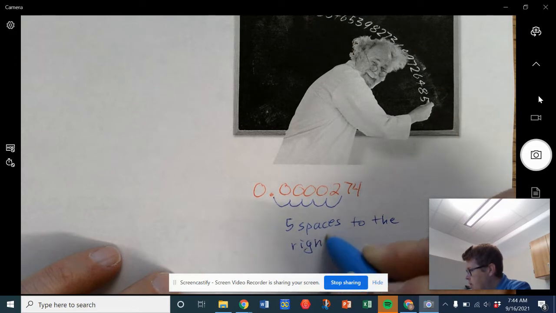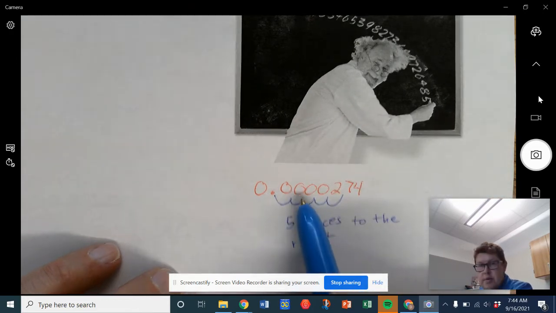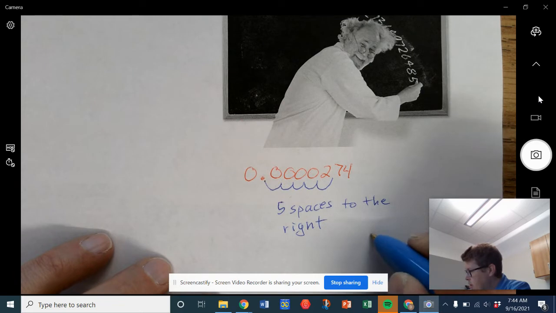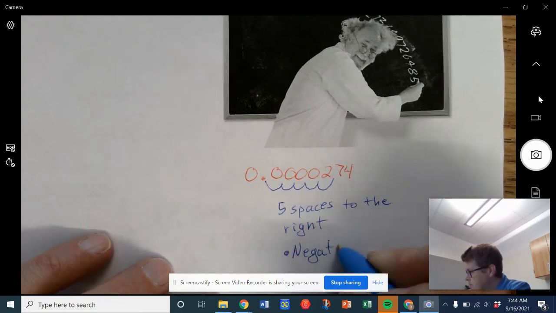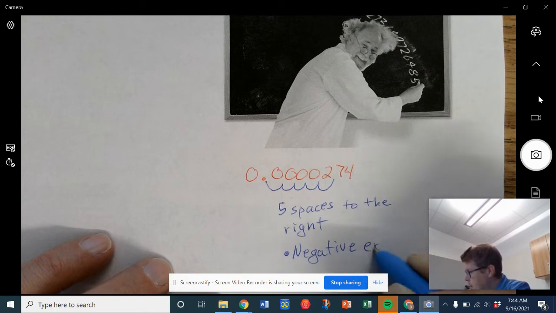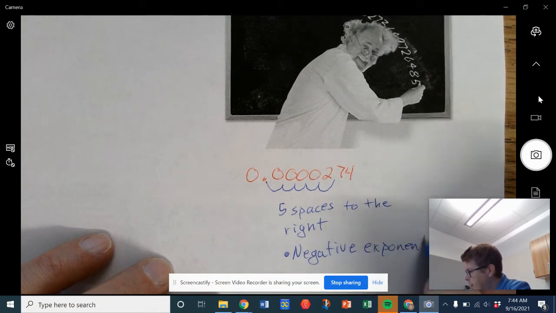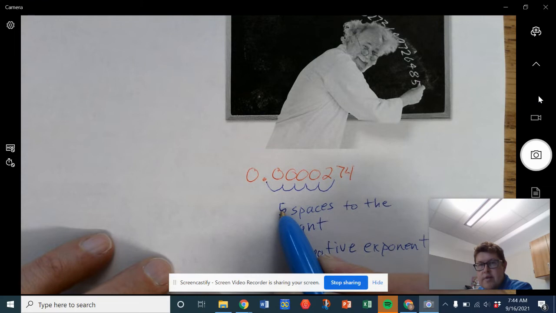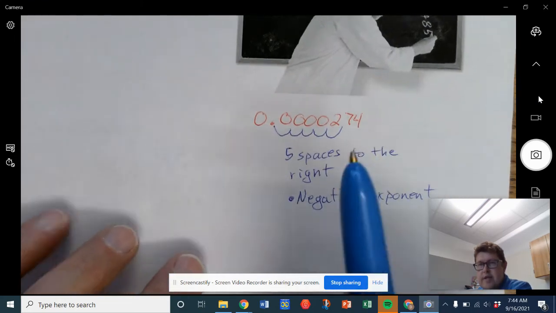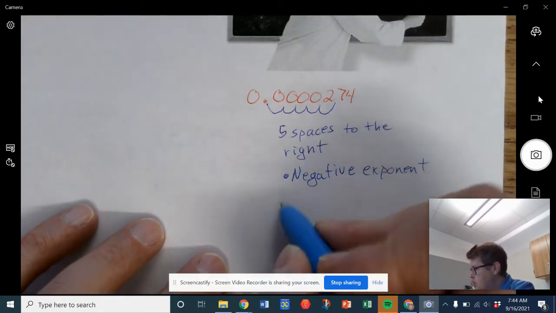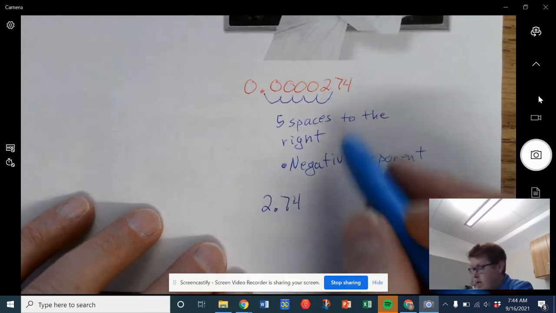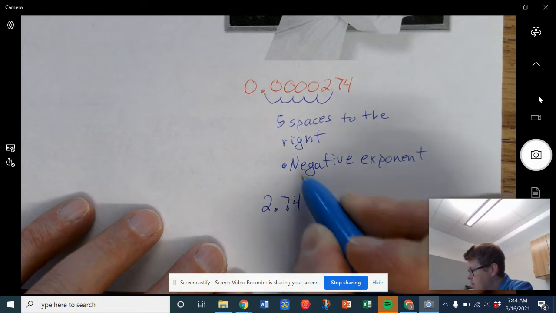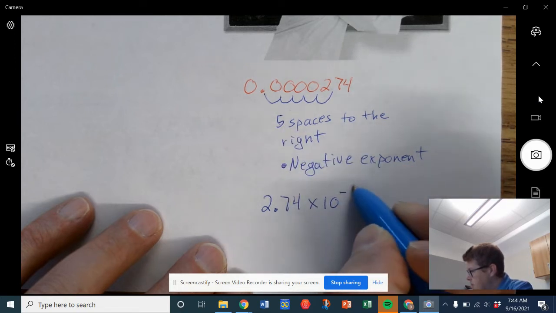We already know that since this is below 0 and we're moving to the right, we're going to have a negative exponent. The value of that exponent is going to be that 5, technically a negative 5. So let me take this 2, and we can do 2.74, and then we multiply it times 10 to the 5, but we have to make sure it is negative.